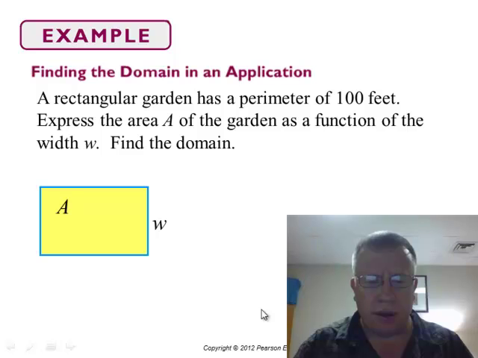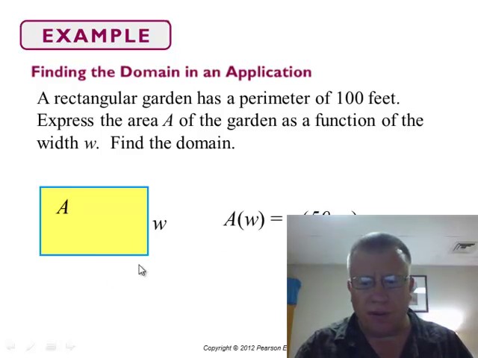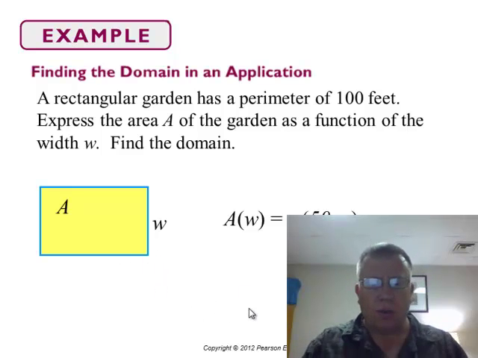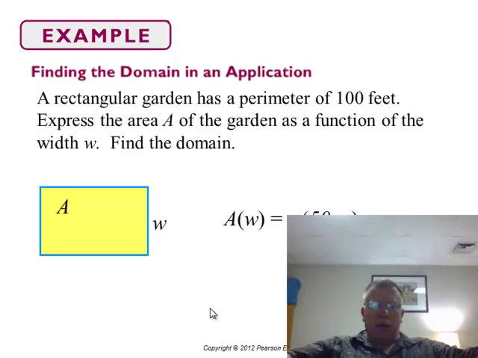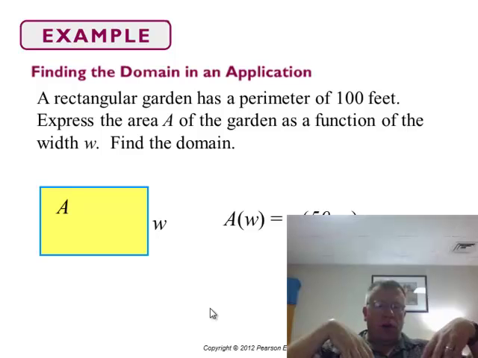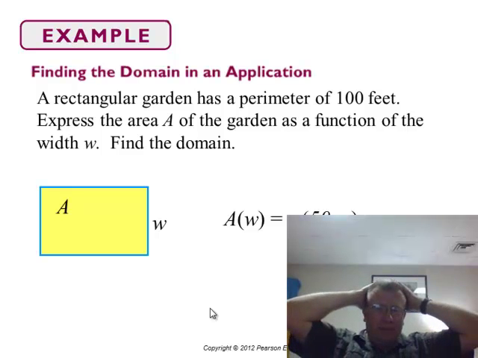So the area is 50 minus w, times w. There's the expression for your area. What is the domain for this function? Well, it makes sense for the width to be greater than or equal to 0, because you wouldn't really have anything if you had a negative width.